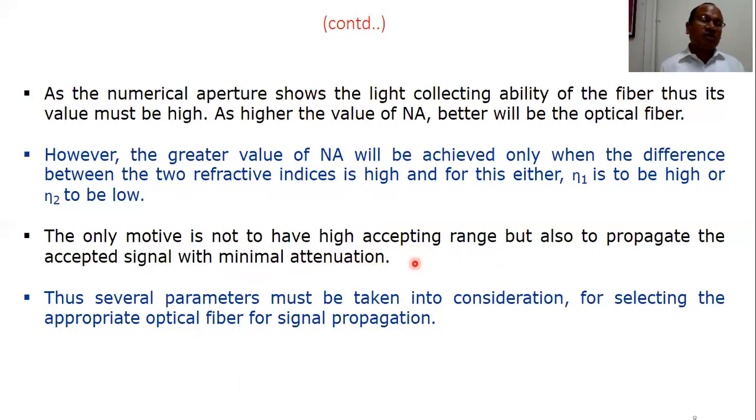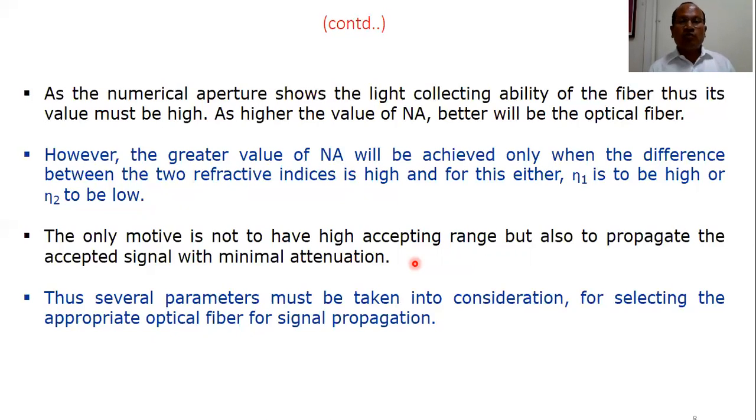The only motive is not to have a high acceptance angle, but also to propagate the accepted angle with minimal attenuation. Sometimes there is a constraint on the acceptance angle: how much maximum angle is allowed. Sometimes the angle can go beyond a certain limit and TIR still happens, but there is some attenuation of light while propagating the wave. That has to be avoided.